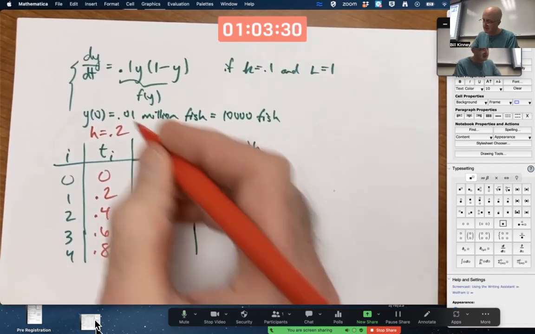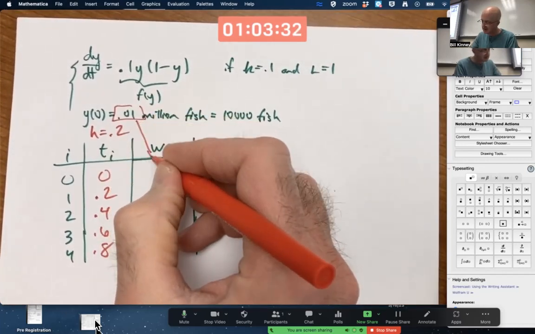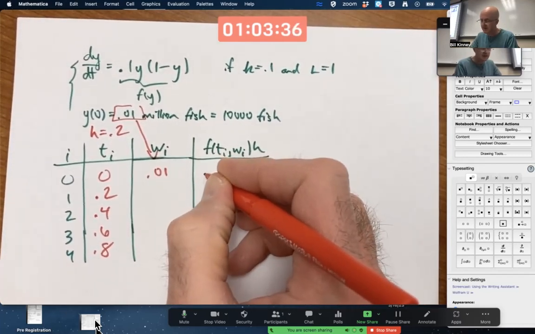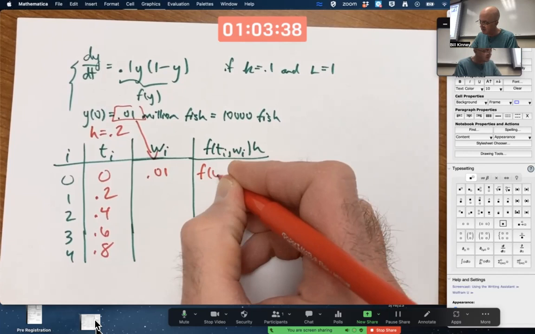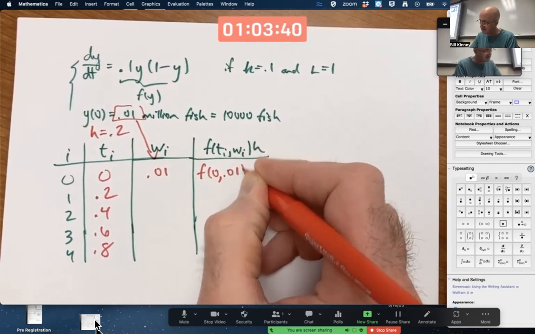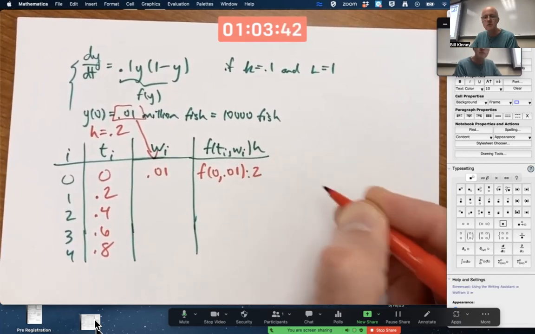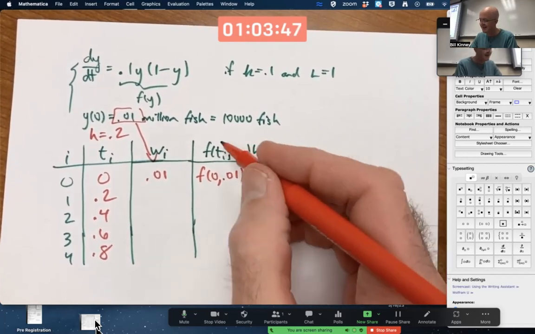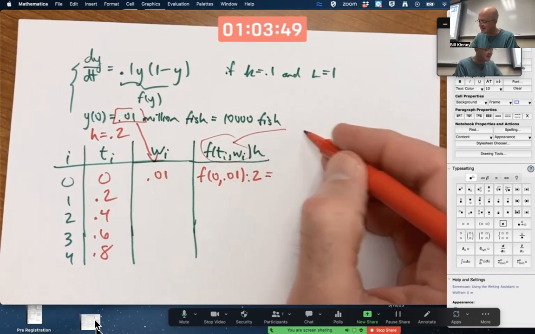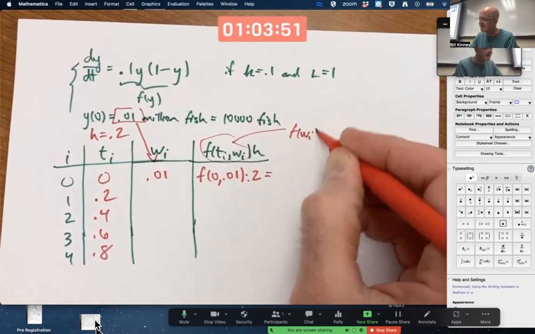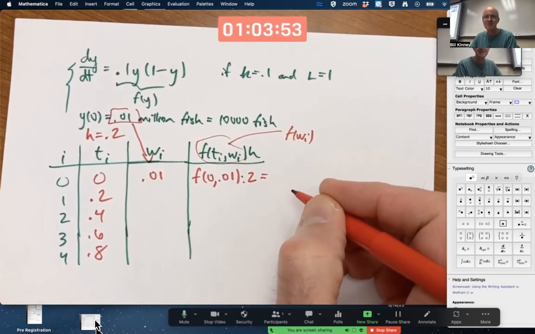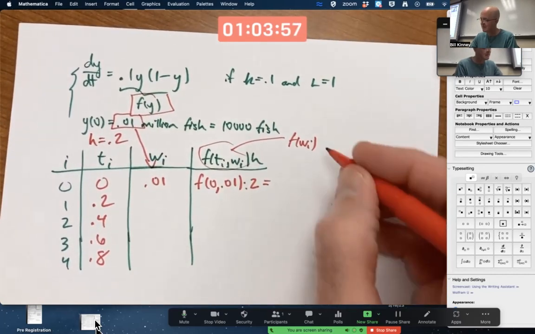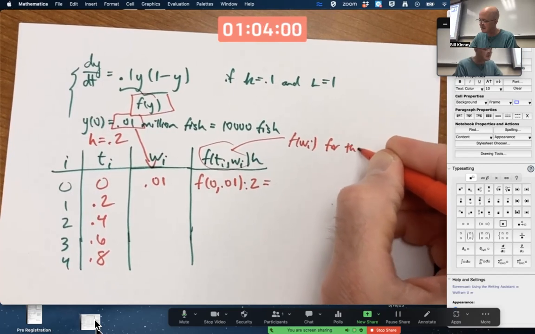The initial value of wi is the initial population. That would be 0.01. Here I would need to figure out f of 0, 0.01 times h, which is 0.2. Well, careful. For our example, this is just f of wi, because f doesn't depend on t for this example.